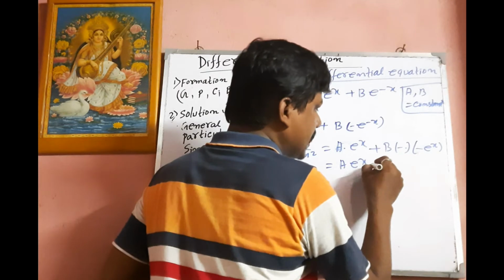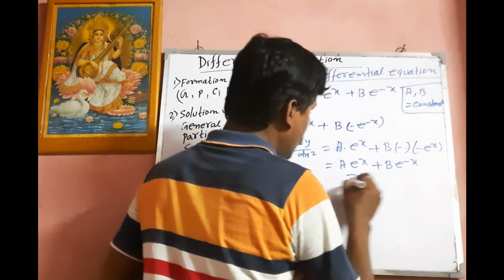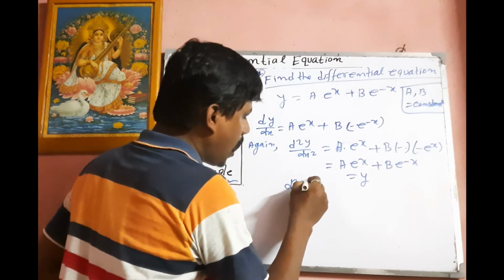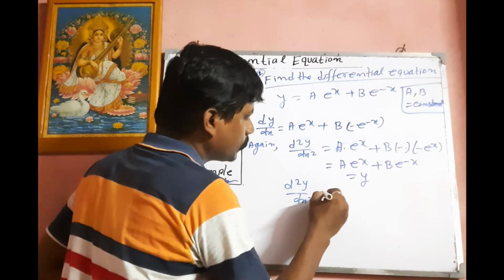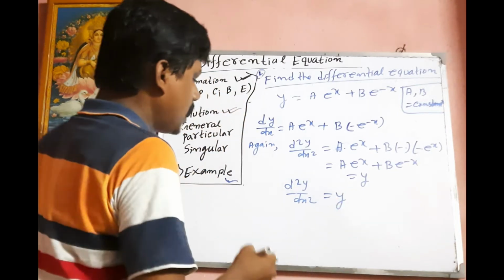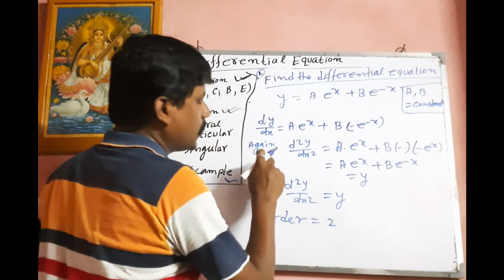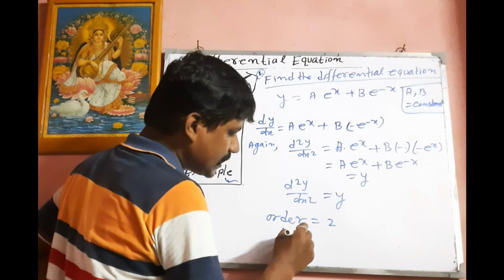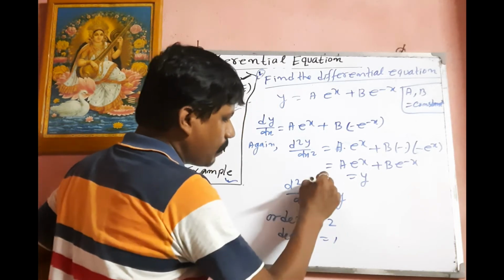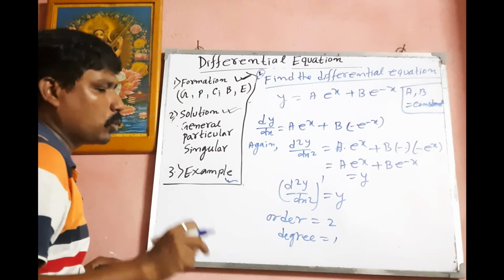Now simplifying this we get y. So d²y/dx² is equal to y. Now the order is 2 because 2 times derivative is there, and the degree is 1 because the power of this is equal to 1.